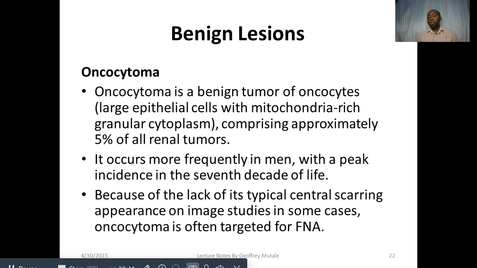It occurs more frequently in men, with a peak incidence in the 7th decade of life. And because of the lack of its typical central scarring appearance on imaging studies, in some cases oncocytoma is targeted for FNA.